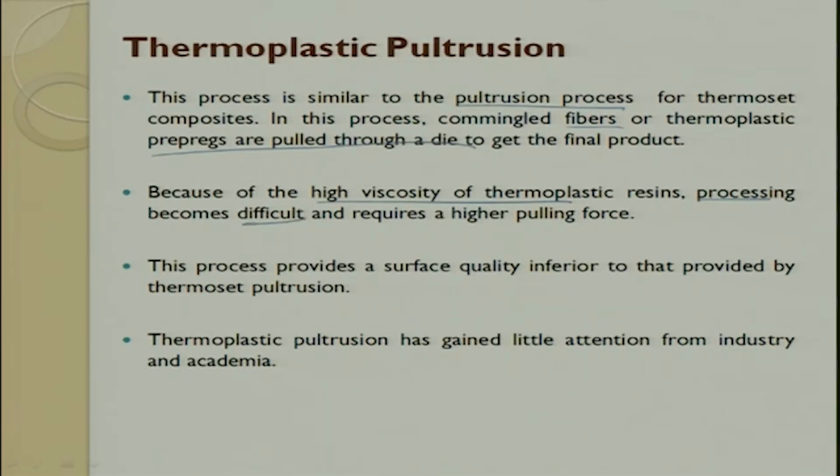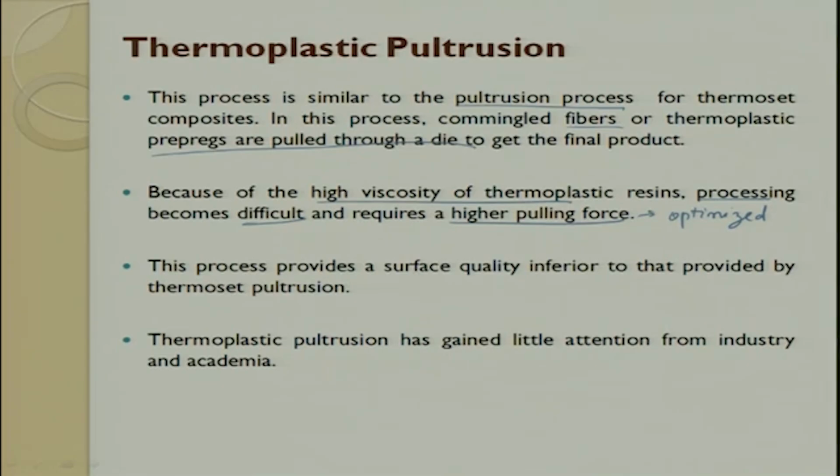What is the processing difficulty? We have to apply very high pulling force, and this has to be optimized. If you do it in a random manner, the fibers might move, but the matrix material will not move along with them. So, there can be a possibility of discontinuity in that.